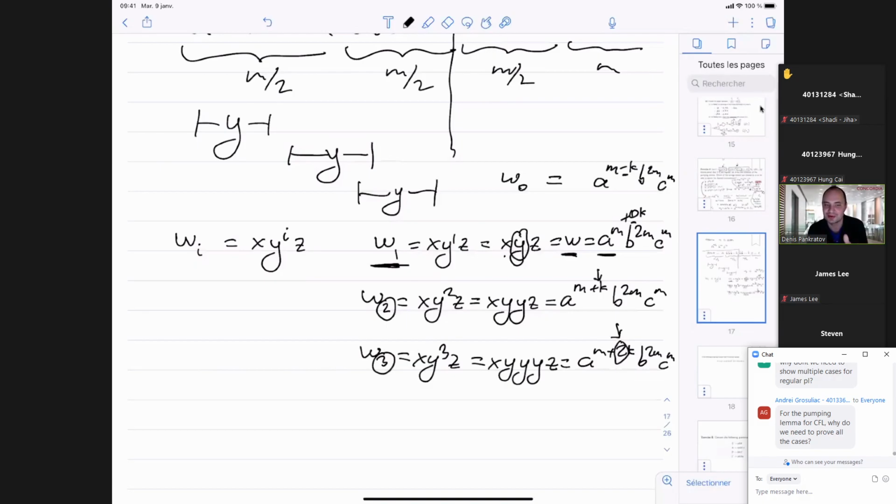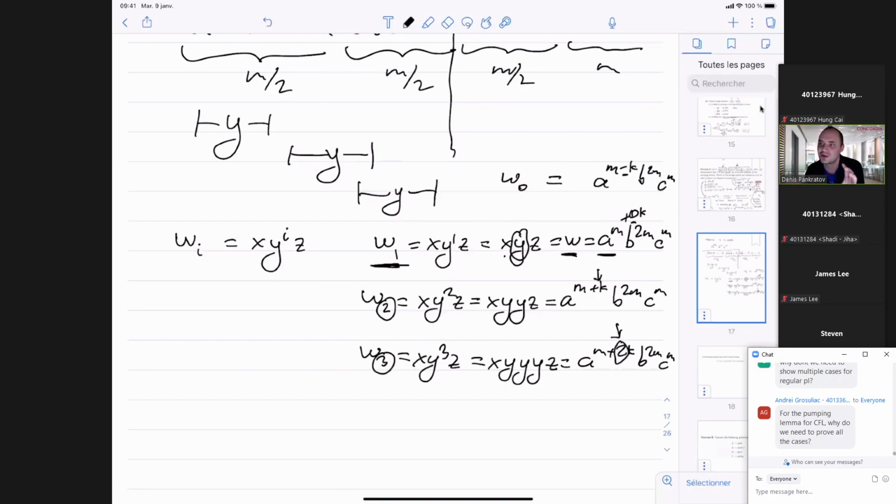So that's why you're having W2. The first copy of Y is just the part of your regular A to the M from which you extracted it. Then you repeat it 1 more time, you get an extra K.